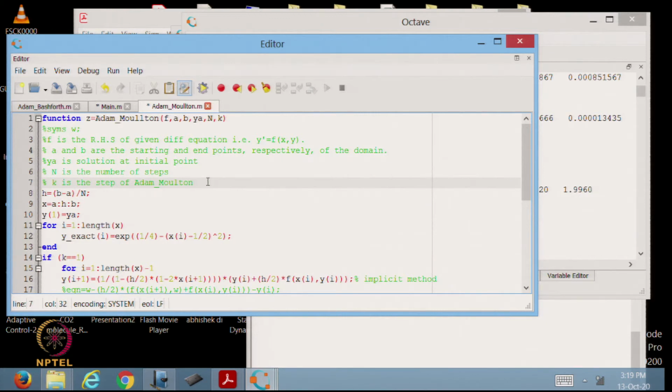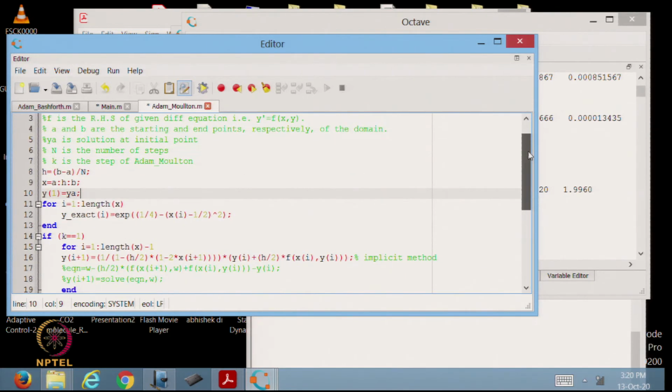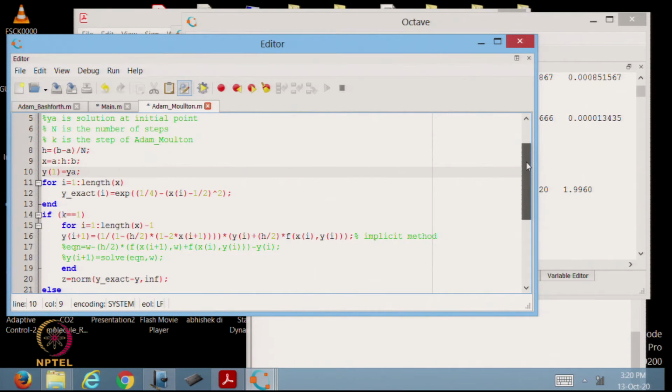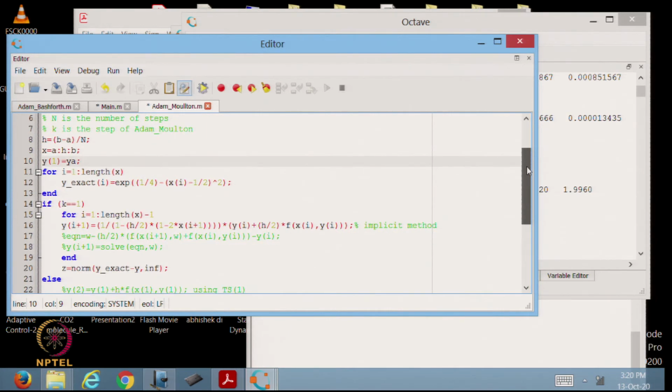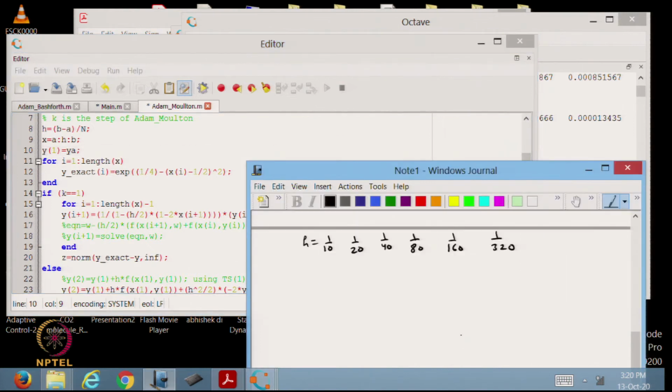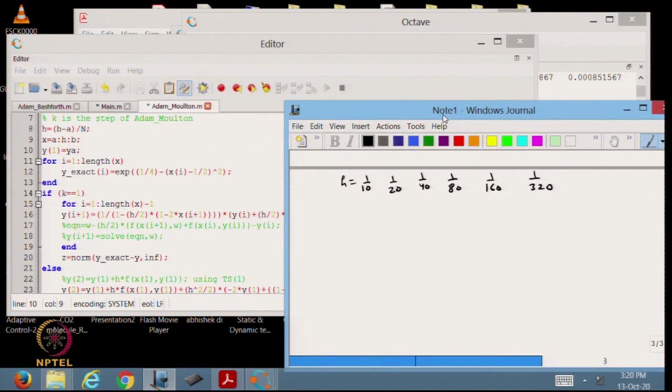Okay. H is again defined in the same way, X is also the array and Y1 is YA. Again Y exact will remain the same, because we are solving the same initial value problem, I do not need to repeat that stuff again. And k is equal to 1 corresponds to the trapezoidal method. So, the algorithm of the trapezoidal method we already know.